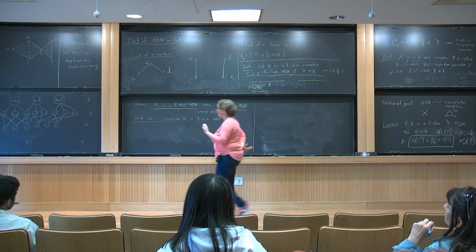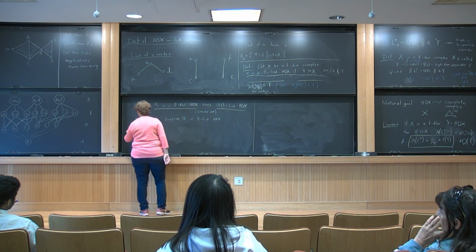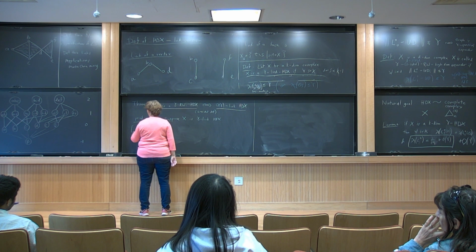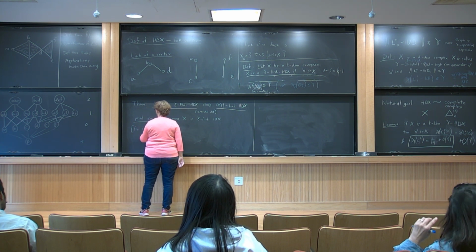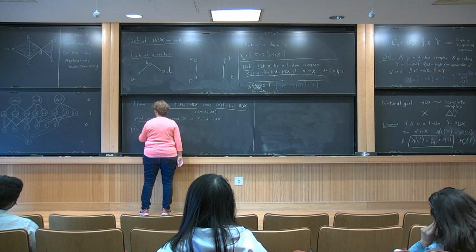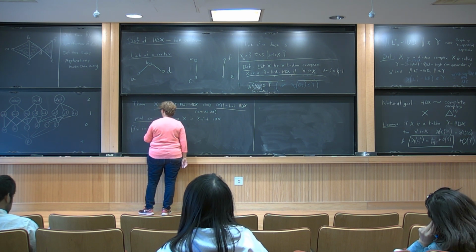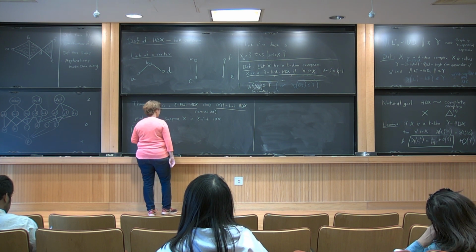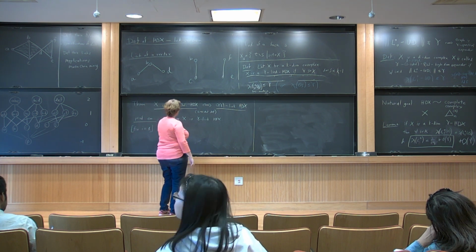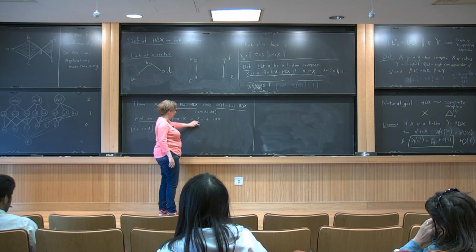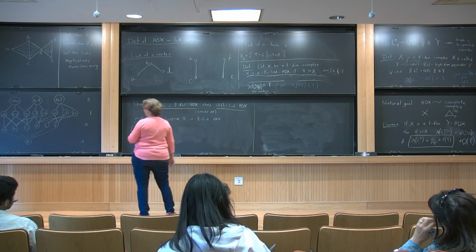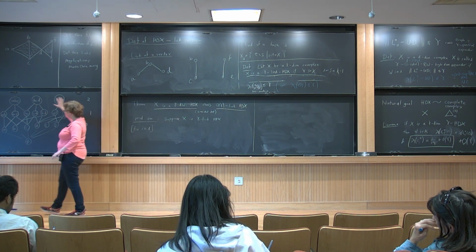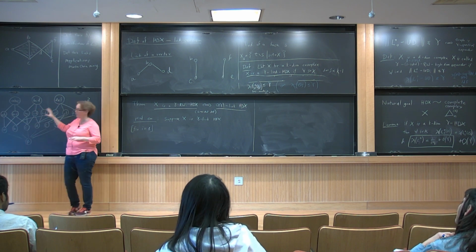Okay, so for simplicity, let's fix i equals 1. What I mean by this is that I'm assuming my complex is a link HDX, and now assume also that I'm working in the two-dimensional part of the complex.